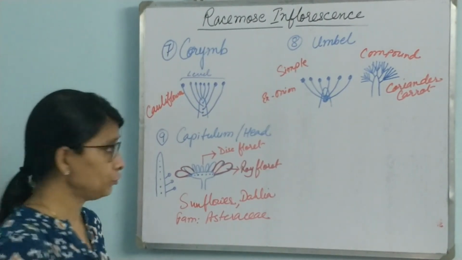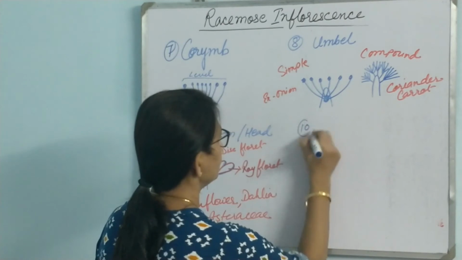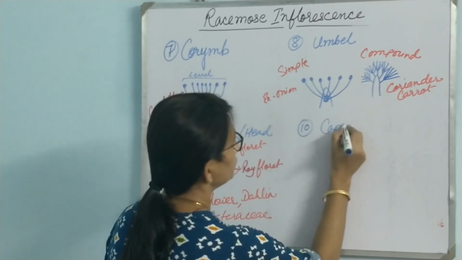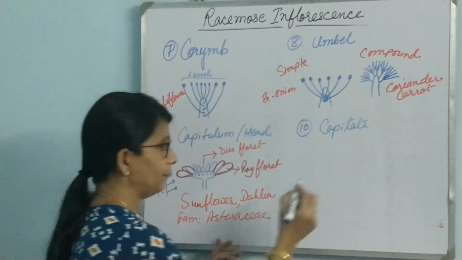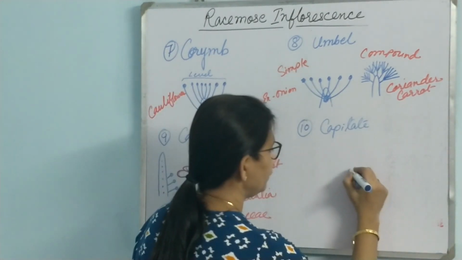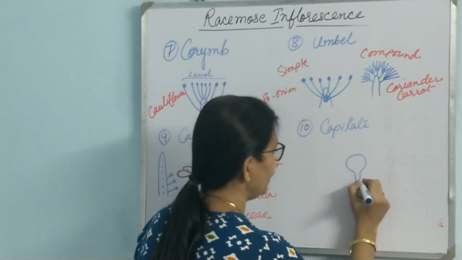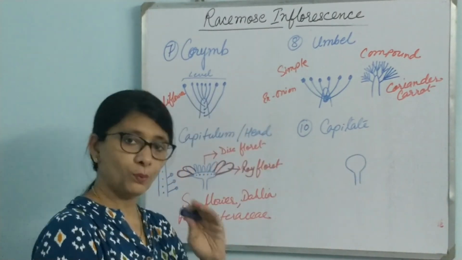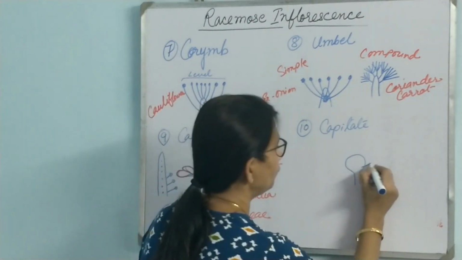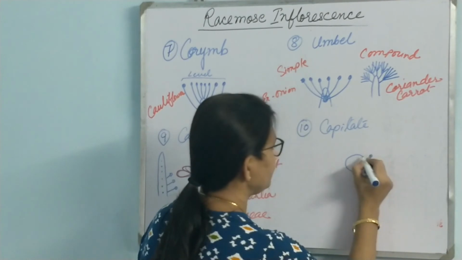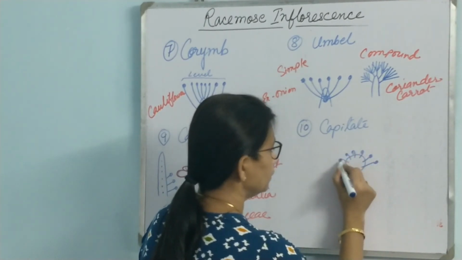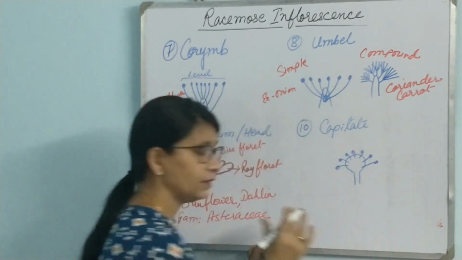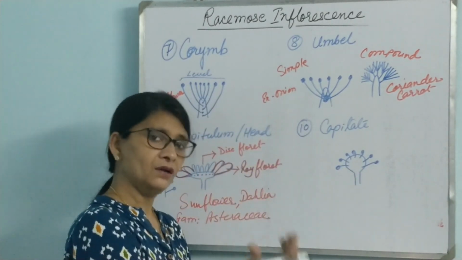Now we have the last one, which is known as capitate. Here what happens? The peduncle is reduced to a small spherical structure, and the flowers come out as they do in racemose inflorescence. The side ones will be larger and the middle ones will be smaller.